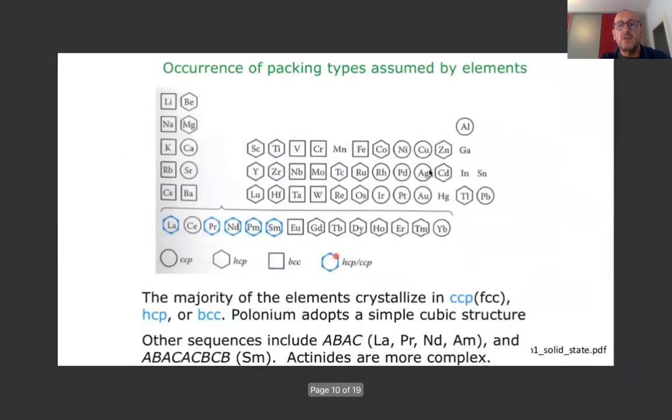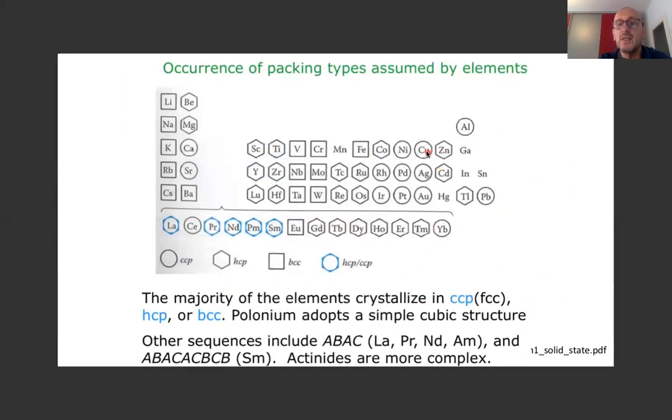This is sort of what the reality is, and here you have all this distribution. Not only this guy here, copper, silver, and gold, which is something we should know, at least copper. We get most of our resources in the country through copper. So remember, copper is FCC, cubic close packed. Cubic close packed means FCC.